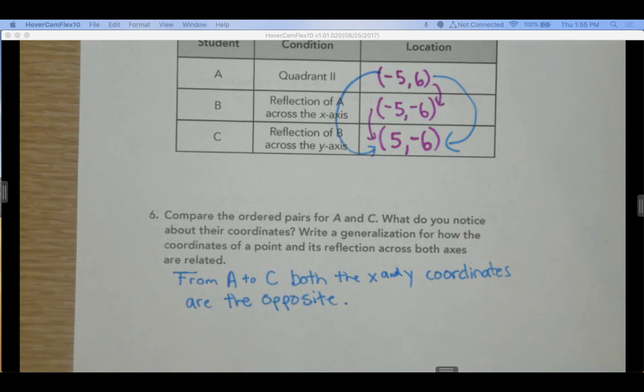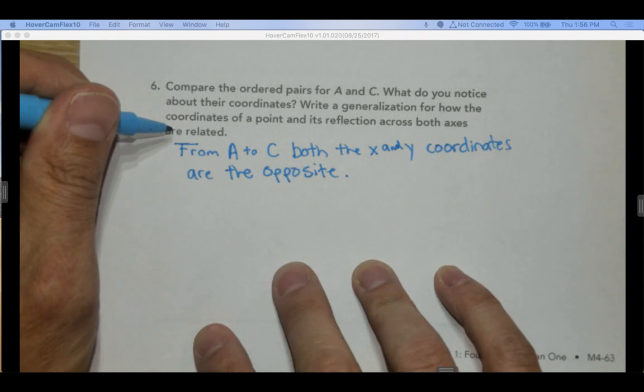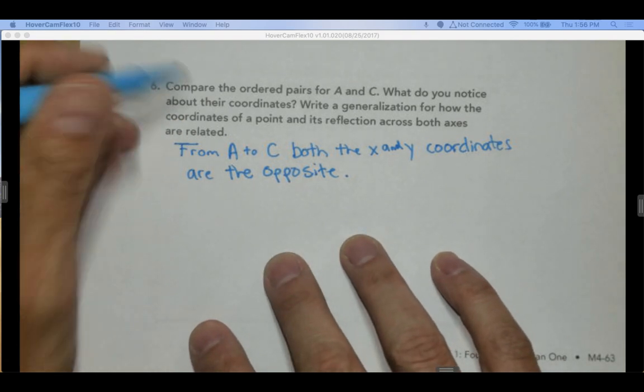Write a generalization for how the coordinates of a point and its reflection across both axes are related.